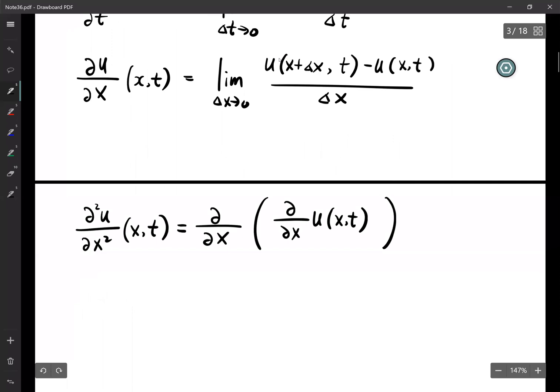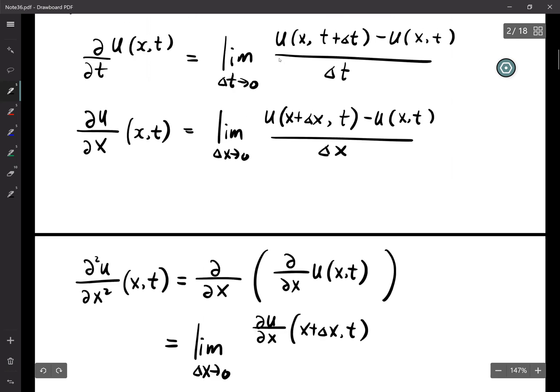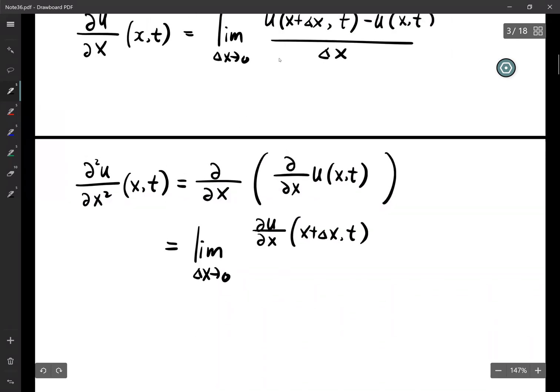So by definition, this is the limit as delta x goes to 0 of partial u, partial x at (x + delta x, t), very much analogous to this, minus partial u, partial x at (x, t), divided by delta x, and so on and so forth.